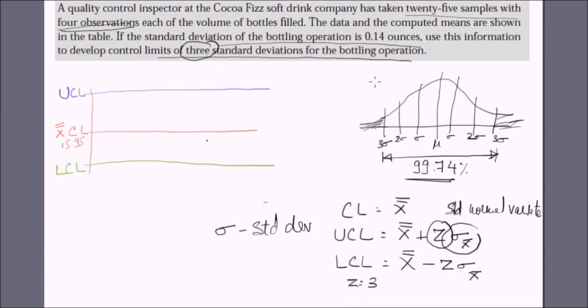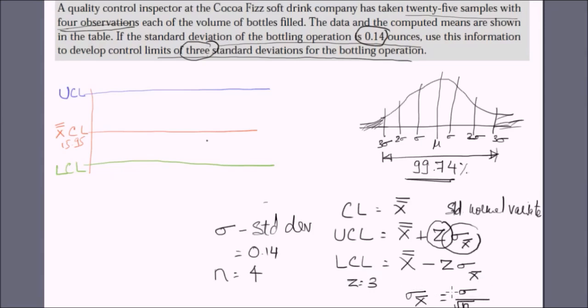We have the standard deviation of the process given here as 0.14, and we have taken 4 observations in each sample, so n is equal to 4. Sigma X bar is nothing but the standard deviation of the process divided by root of n.